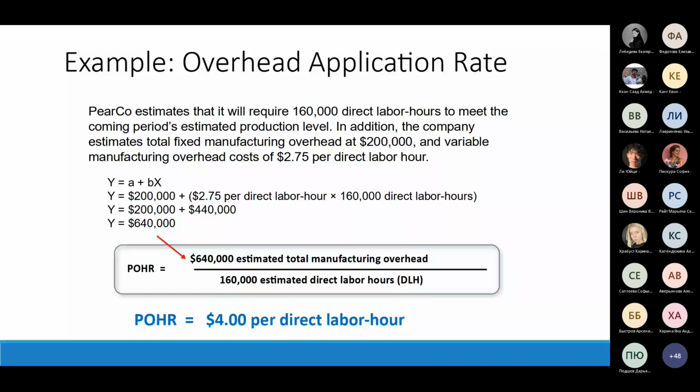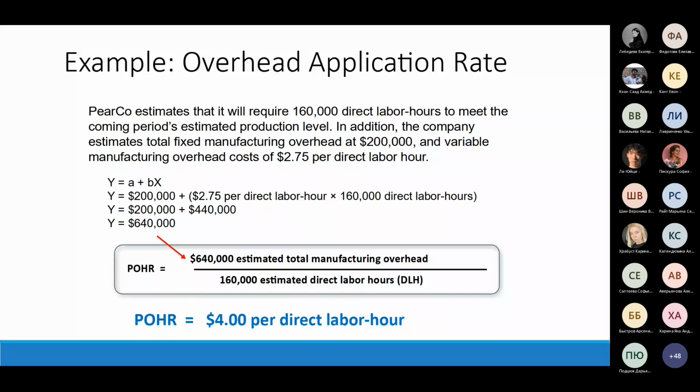So they used this information to calculate the overall value of the total manufacturing overhead, and knowing the value of direct labor hours, which in our case are the cost drivers, we divide our estimated total overhead by the number of labor hours and calculate the predetermined overhead rate. It means that this value is associated with each labor hour spent on the particular job.